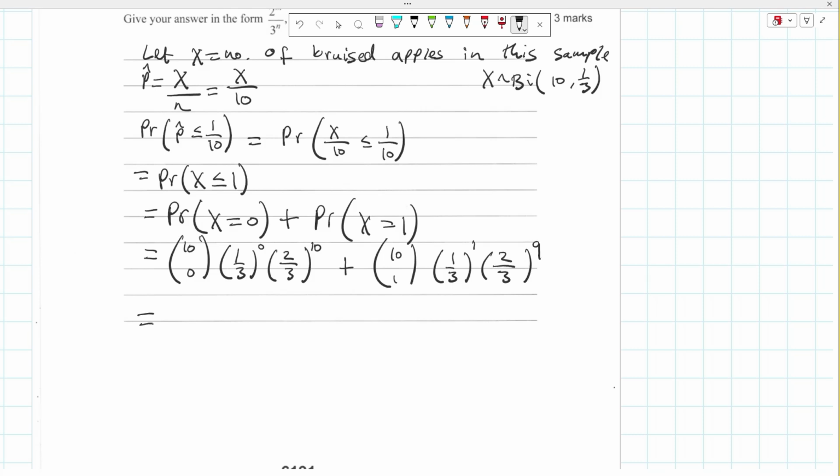10 choose 0 is just 1. A third to the power of 0 is just 1. So that right there is just 2 to the power of 10 divided by 3 to the power of 10. Now 10 choose 1 is just 10. A third to the power of 1 is just a third. And then the other one is going to be 2 to the power of 9 divided by 3 to the power of 9.